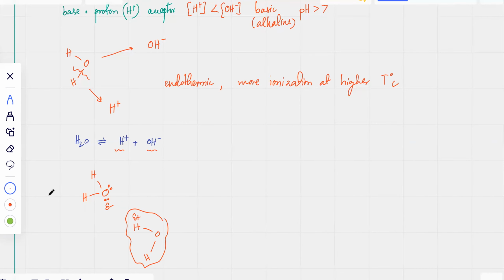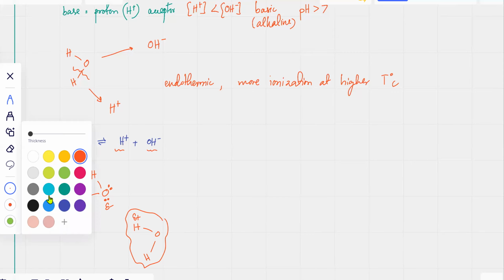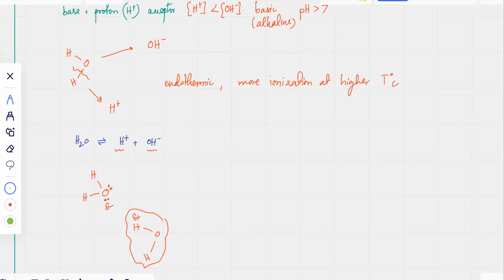So in reality, because of the attraction from the neighboring water molecule, this H+ is going to get attracted to the lone pairs over here. Is this clear? Yes, sir. And you'll have your OH- that's going to just drift off.